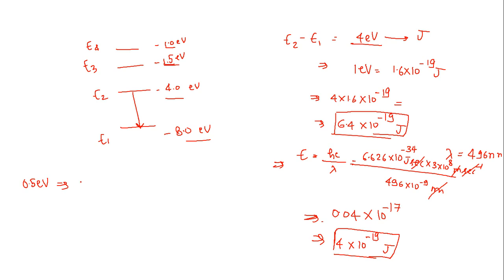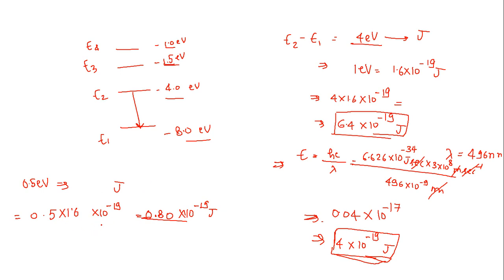If you convert 0.5 to joule, it will be 0.5 into 1.6 into 10 to the power minus 19, which comes out to be 0.8 into 10 to the power minus 19 joule. Now it has become quite lower than the energy of our emitted beam. So this is also not the right answer.